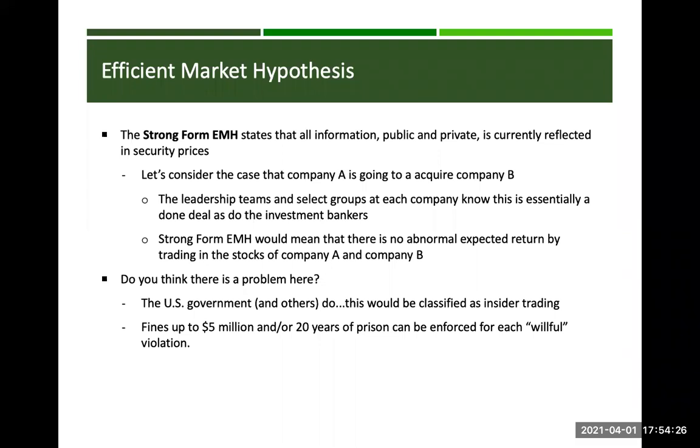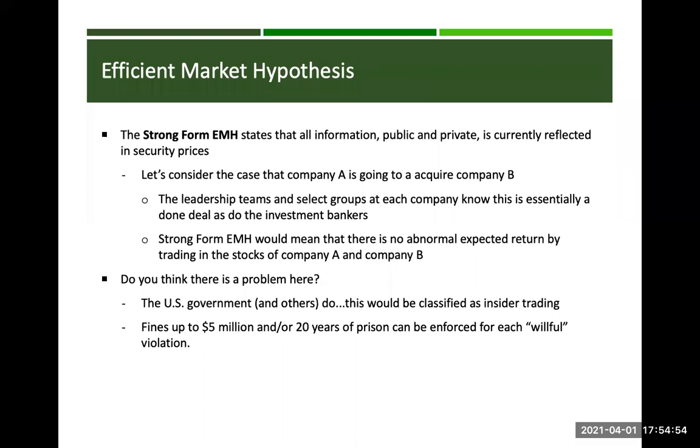But also, if you're thinking about it from a standpoint of an equity or a fixed income, corporate bond investor, there are problems that need to be at least understood and appreciated. So strong form EMH states that all information, public and private, is currently reflected in security prices.